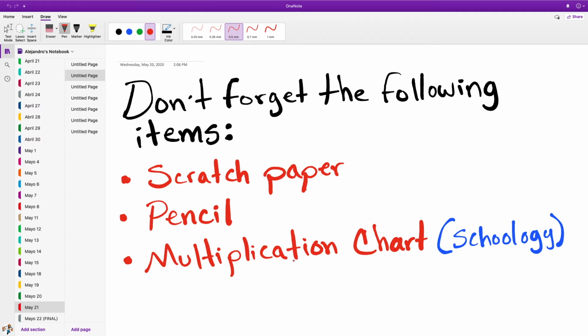If you still think that you need it, you can find the multiplication chart on Schoology. If you think that you're an expert with the times tables, you're okay, but you still need scratch paper and a pencil. Not pen, please try to use a pencil. Remember, when you do math, you always use a pencil.